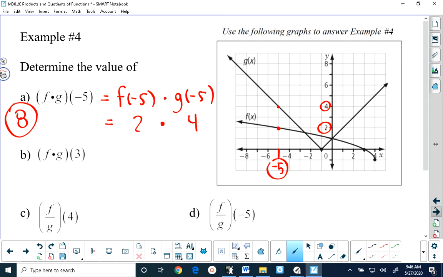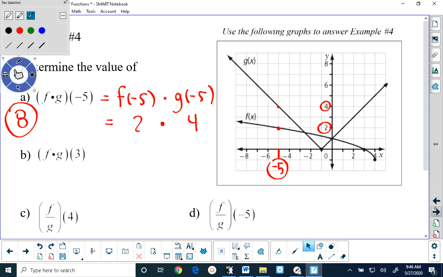What about f times g of 3? Well, I suppose we need to now look at an x-coordinate of 3.